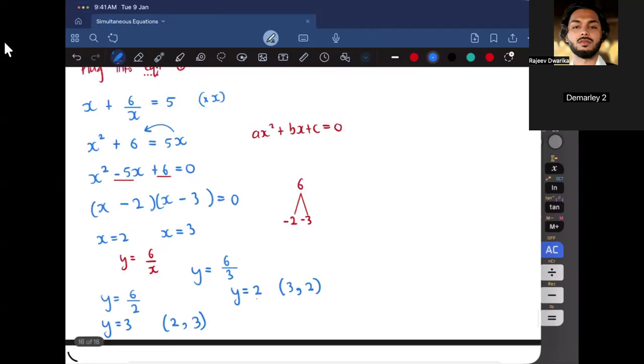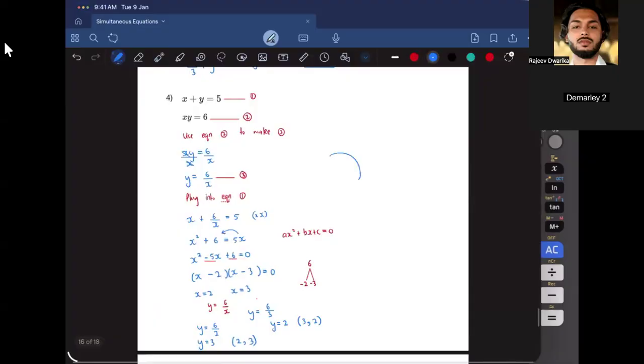If you were to do the graph, it will be 3, 2, and 2, 3. And if you check it, it will work out: 3 plus 2 is 5, and 2 by 3 is 6, 3 by 2 is 6. Works out.